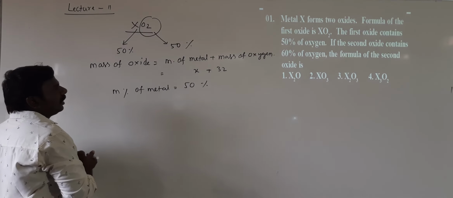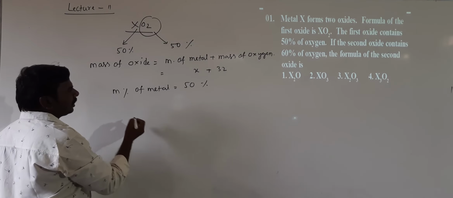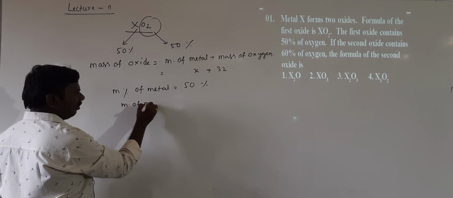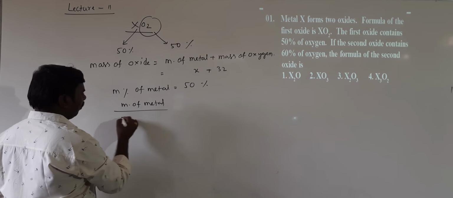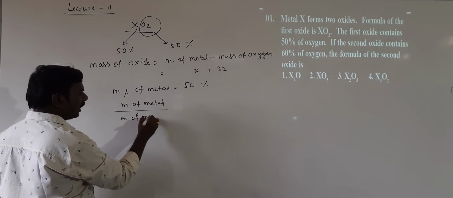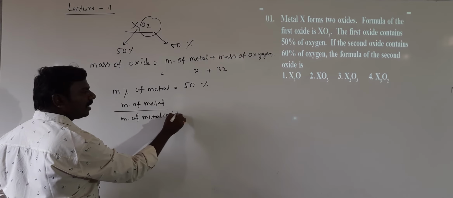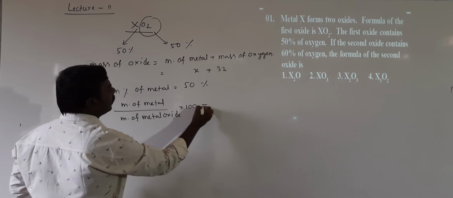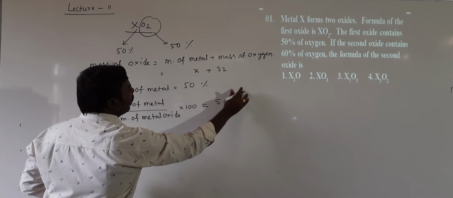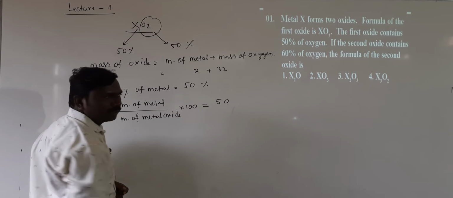Next, how will you calculate mass percentage? Mass of metal by mass of metal oxide, that means total mass, into 100. That is equal to how much is given in the question? 50%.